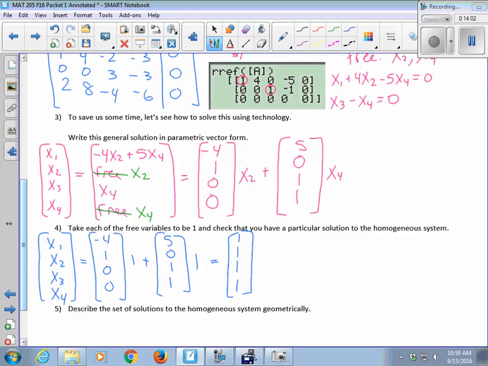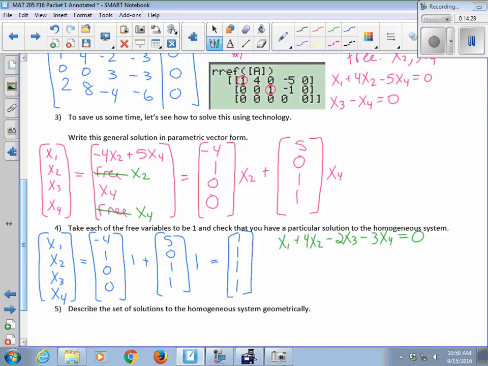That should solve the associated homogeneous system, right? That should solve the system. And we can do a quick check. So my original equation was x1 plus 4x2 minus 2x3 minus 3x4, and it was equal 6, but this is a solution to the homogeneous system, so I put equal 0.